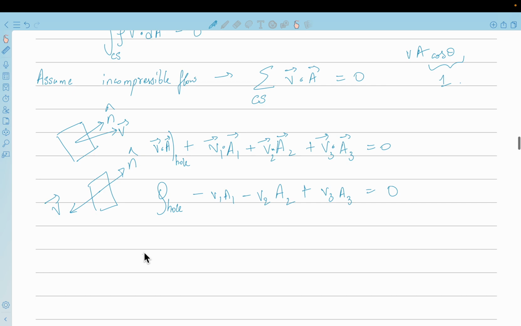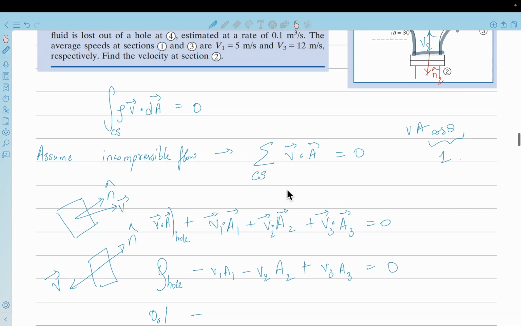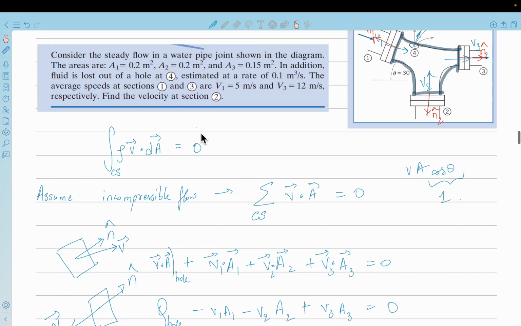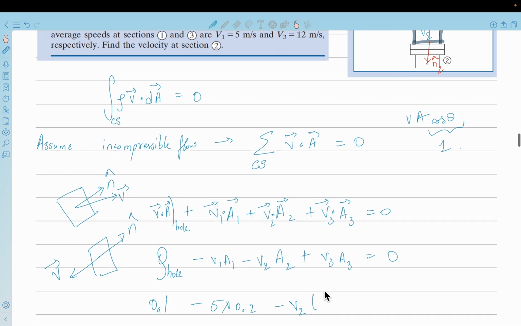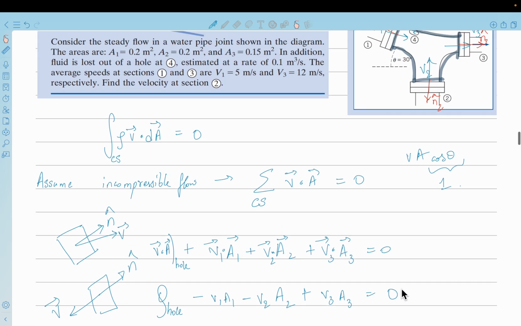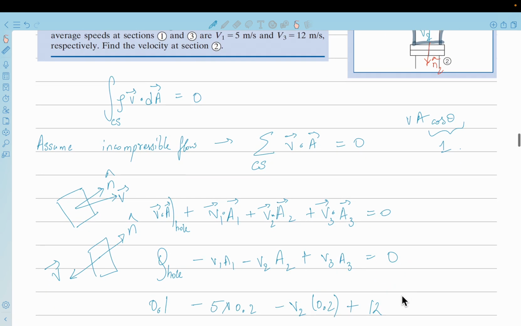Okay, so now let us put in the values. So q hole is 0.1 minus v1 is 5 into a1, which is 0.2, minus v2, which is what we have to find, a2 is 0.2, plus v3 is 12, and a3 is 0.15.